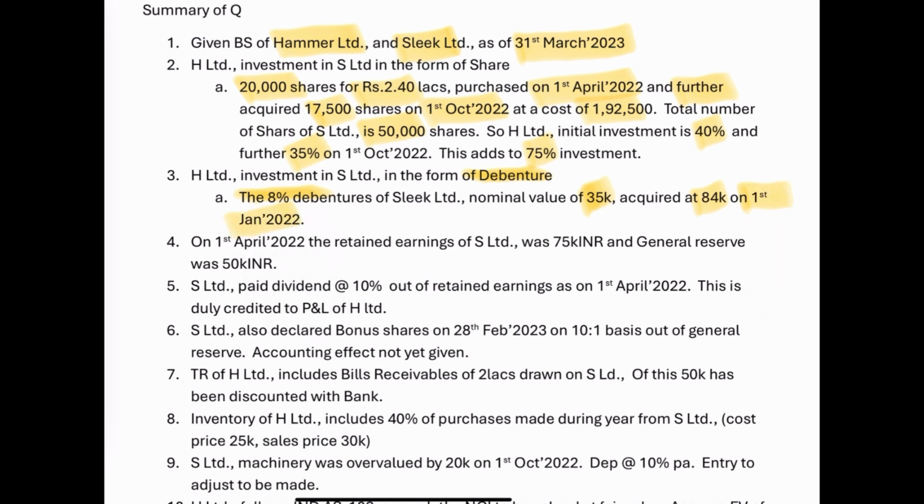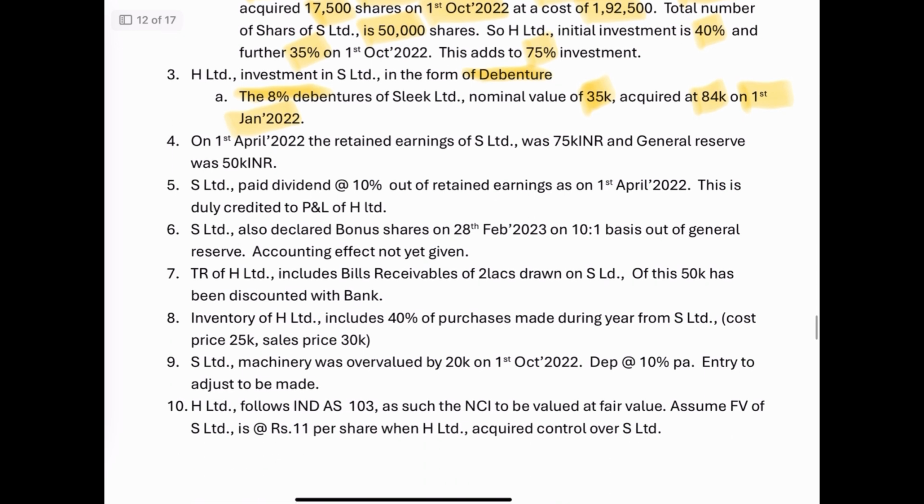So this is the third piece of information. Next, on 1st April 2022, the retained earnings of S Limited was 75,000 and the general reserve was 50,000. This information is required to calculate the pre-acquisition share of retained earnings and general reserve attributable to the holding company. We'll see how this should be computed.